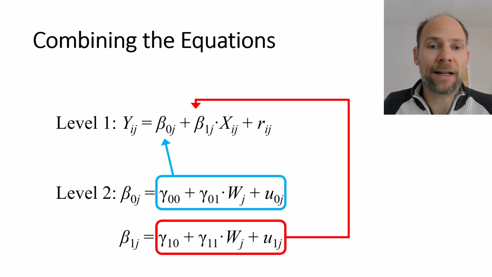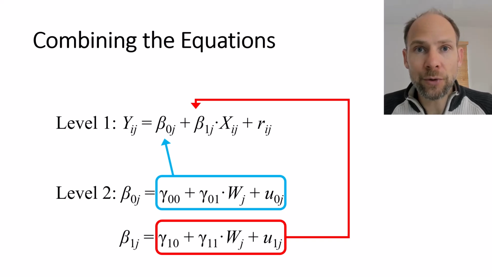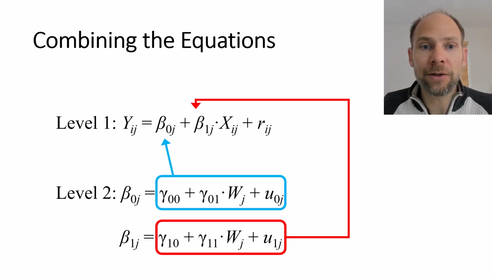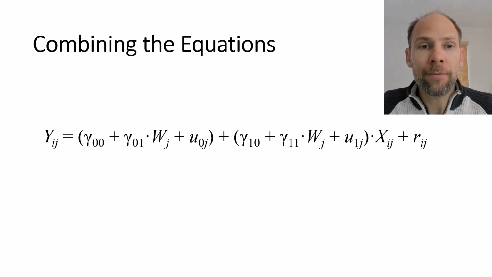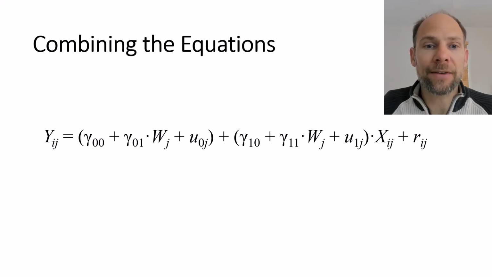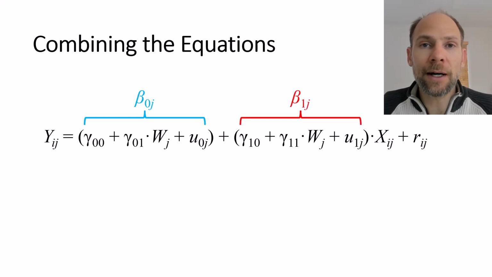So let's proceed and take a look at what happens when we insert those level 2 equations into the level 1 equation. When we do that, the combined model first of all looks like this, where here you have what we got for the random intercept, and then here you have what we have for the random slope in the level 2 equations.